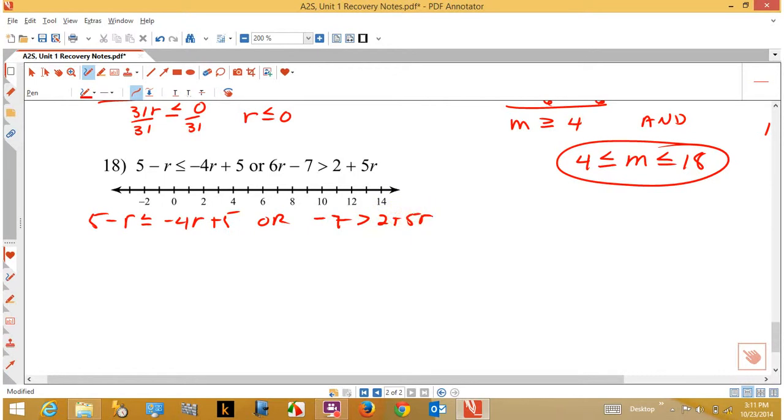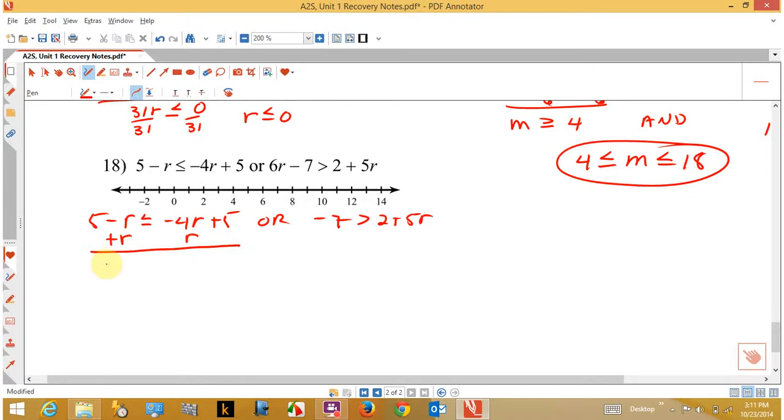Now remember, in any of these, if I ever divide or multiply by a negative number, I have to switch the inequality sign. So let's work that one like this just to get the practice. Let's add an r here.